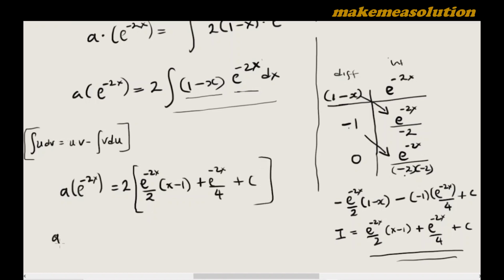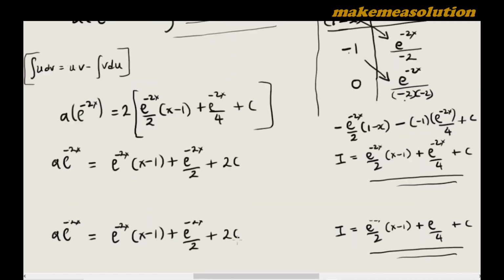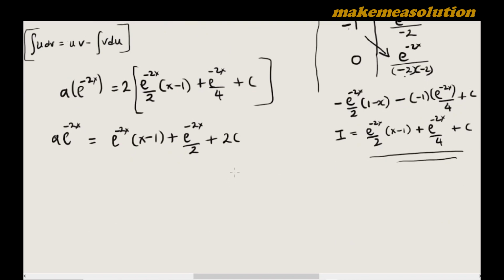So a exponential minus 2x is equal to, opening the bracket with 2, you have exponential minus 2x into x minus 1, then plus exponential minus 2x over 2 and plus 2c. Okay, you can let 2c be equal to a, for instance.